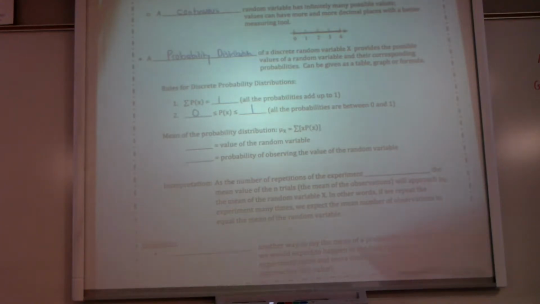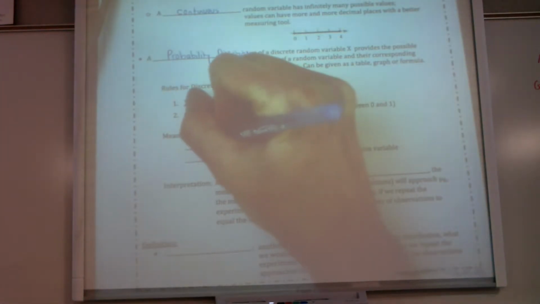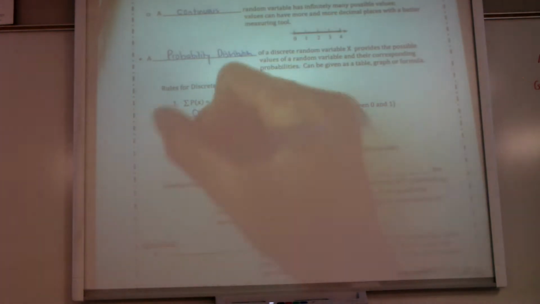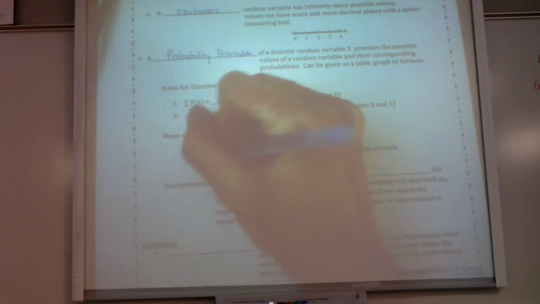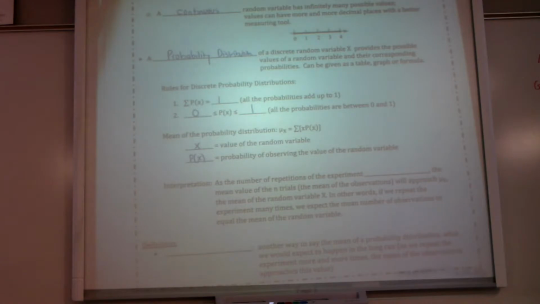Here, x is the value of the random variable, and P(x) is the probability of that specific value happening. So we'll see in some examples, like with the soccer example, what if the expected number of goals was 2.3? What does that mean?